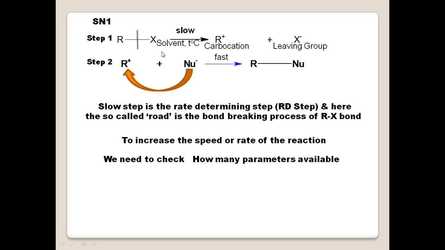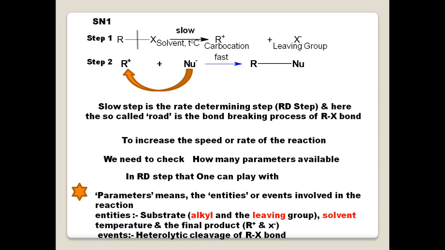Okay, now let's see the parameters. In these parameters we have the substrate. Within the substrate we have the alkyl group and the leaving group. Other than that we have solvent and temperature. If you increase the temperature, that means you are injecting more energy into the system.